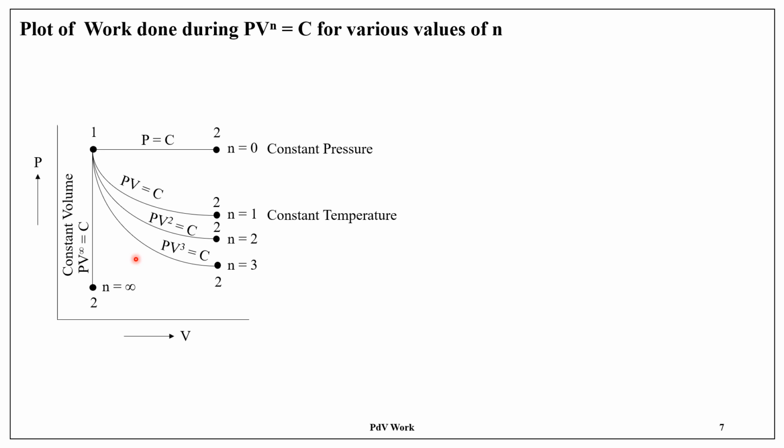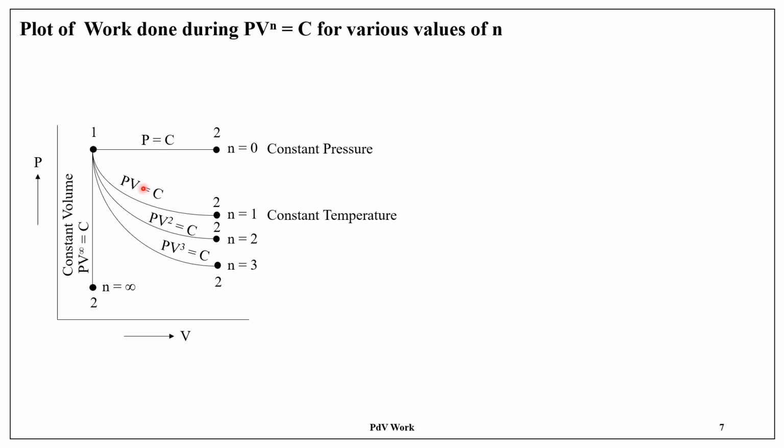Now consider the work done during these different processes. Remember, the area under the curve represents work done. And in this PV diagram, consider the constant pressure process.